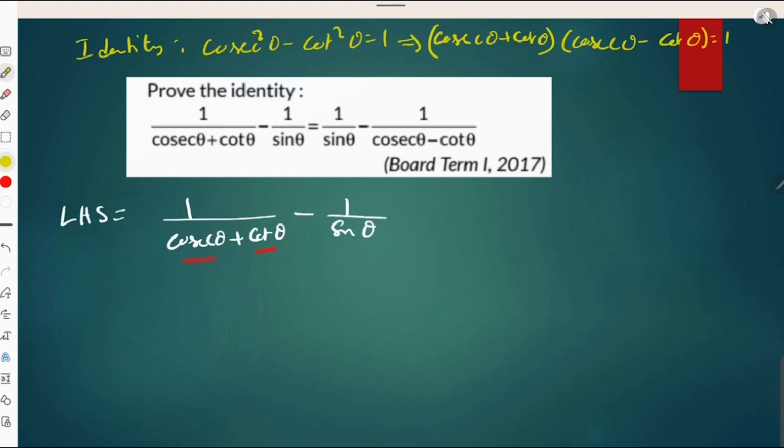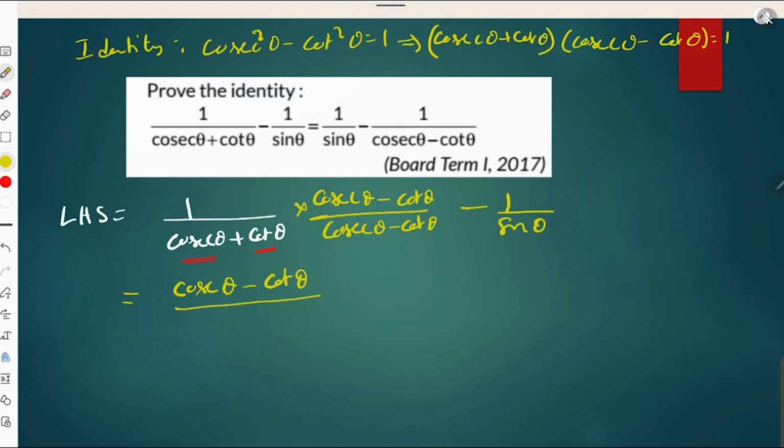So, minus 1 by sine theta is given only. Here, in the first term only, if you multiply and divide with cosecant theta minus cot theta, then the numerator will be cosecant theta minus cot theta.